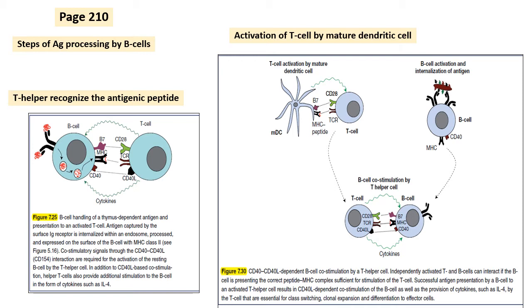These antibodies can react with the same antigen that was presented to the T cell. In the second figure, 730, you can see that the T helper can recognize antigenic peptide complexed with MHC class II either on an antigen presenting cell, like a dendritic cell for example, or on a B cell.